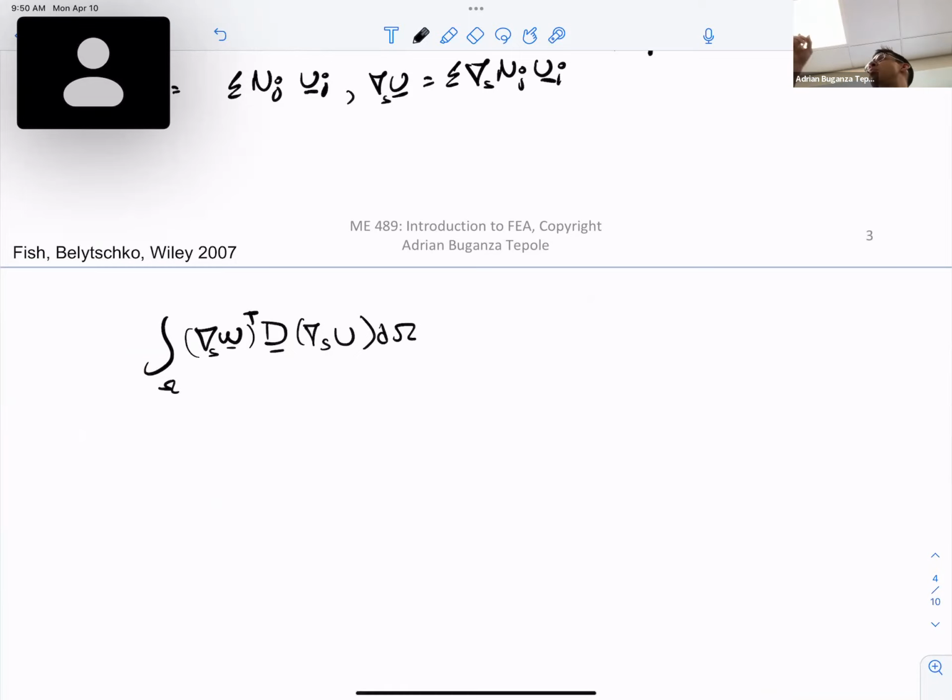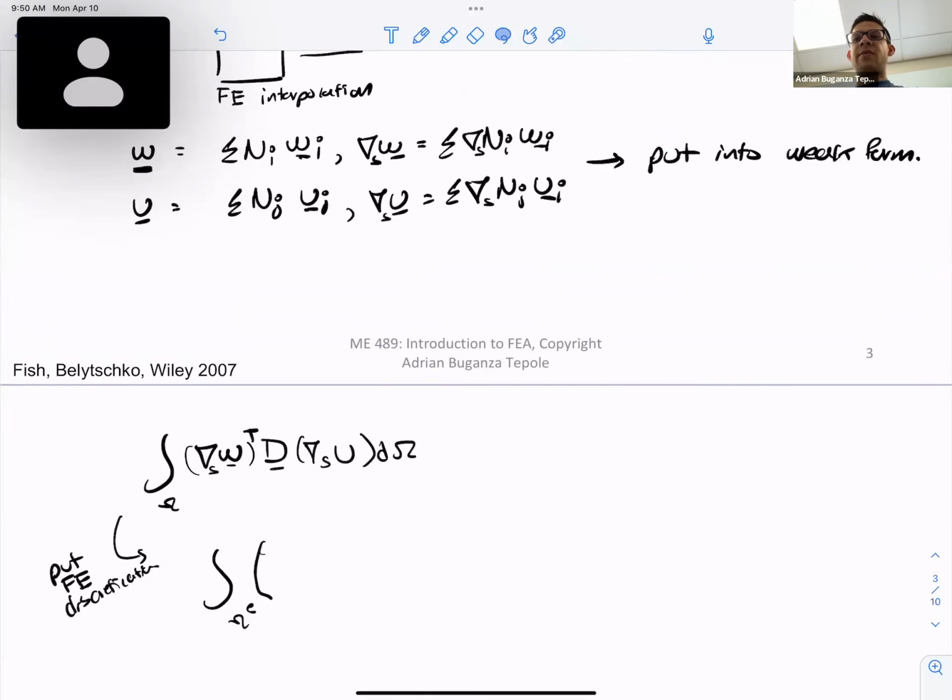So when you put in the finite element discretization, and we are going to do it for every element, what will happen is that I'm just going to substitute this.